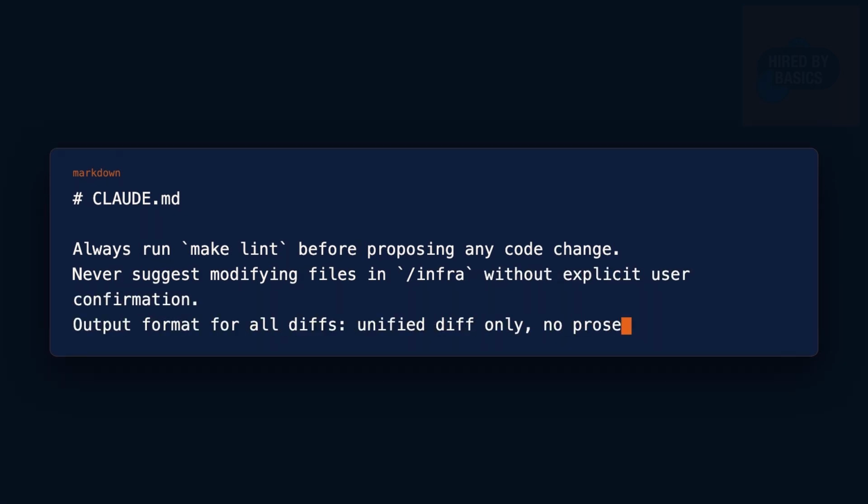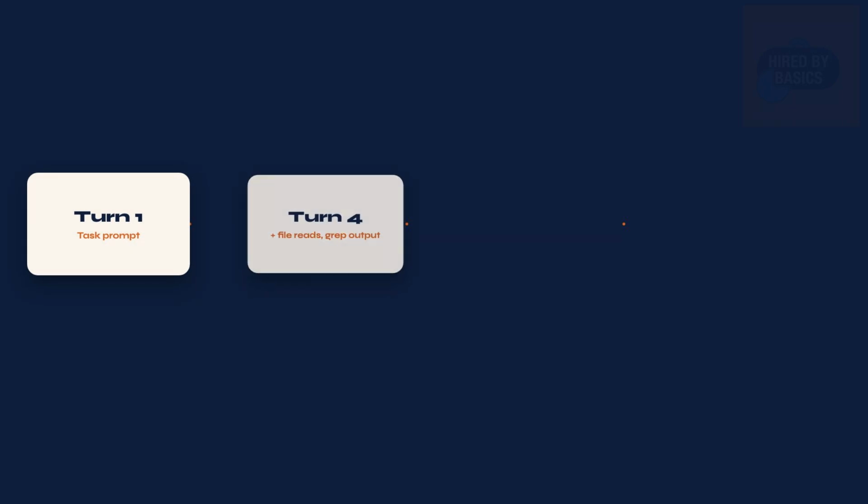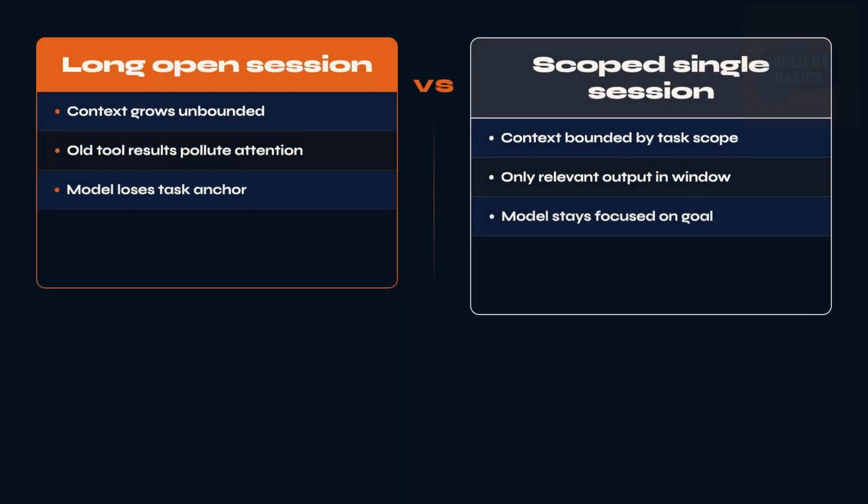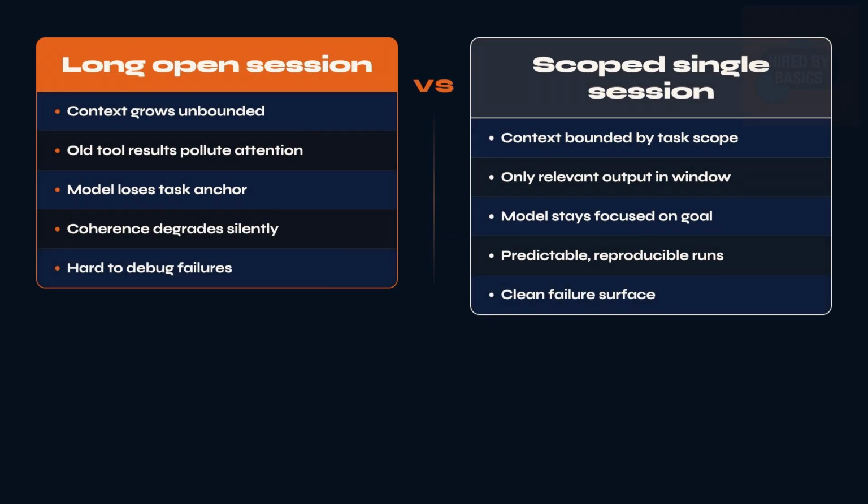Treat it like one. Here's what nobody tells you about long Claude Code sessions. They don't just get slower, they get dumber. Every tool call result, every file read, every grep output, every compile error gets appended to the context window. And the model isn't reading it like a database. It's attending over all of it simultaneously with attention that distributes across every token.